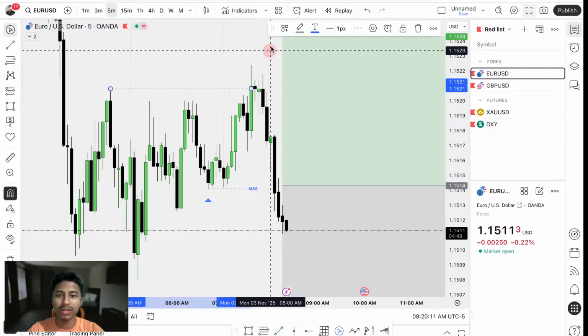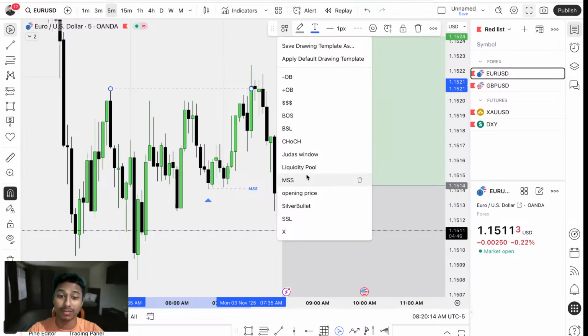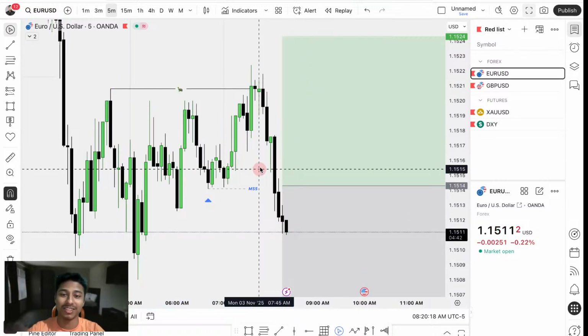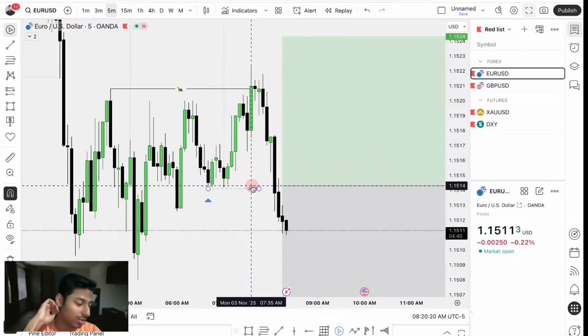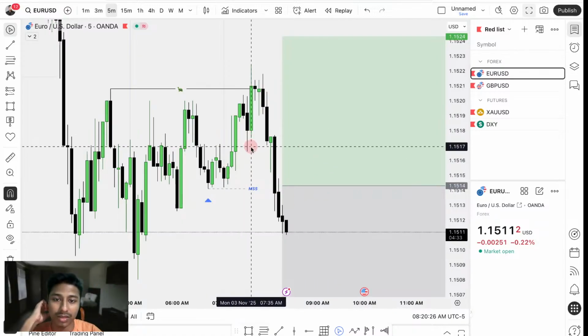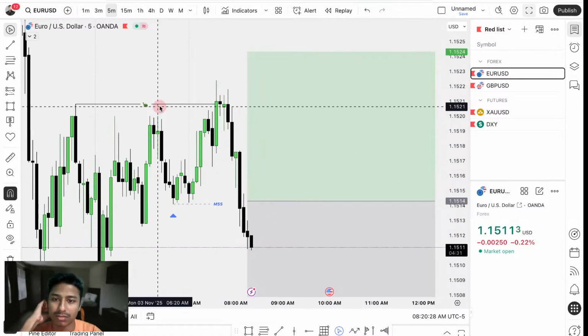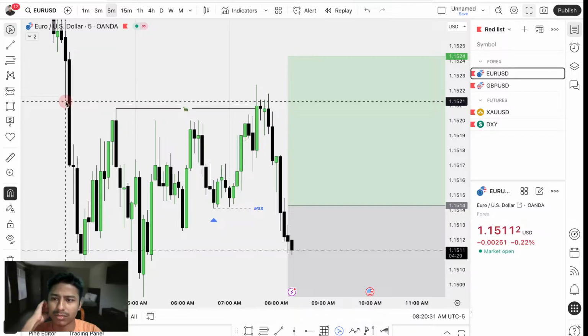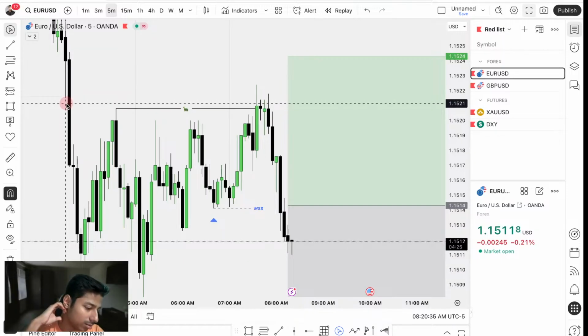This is actually a turtle soup setup, but I'm not that brave to take those trades. I wait for structure shift. FVG above it. This one.